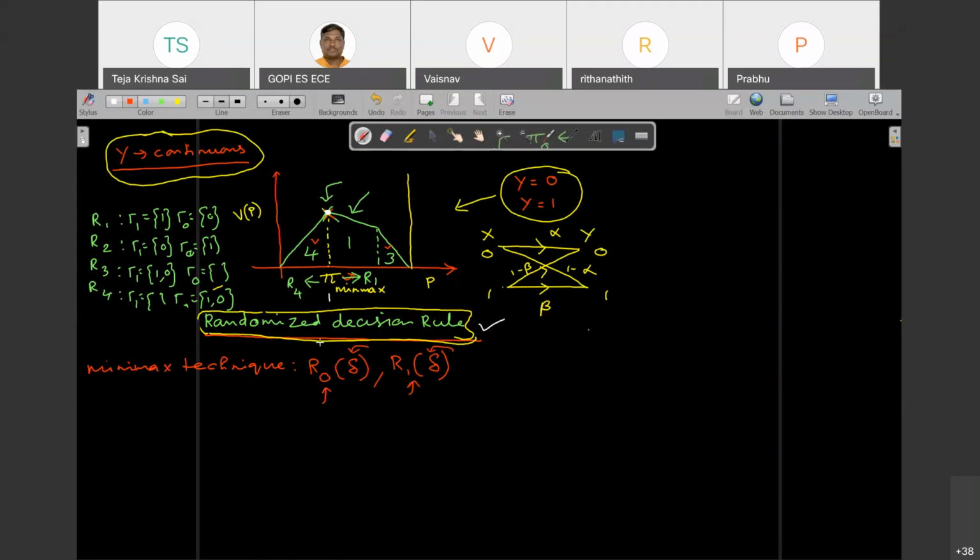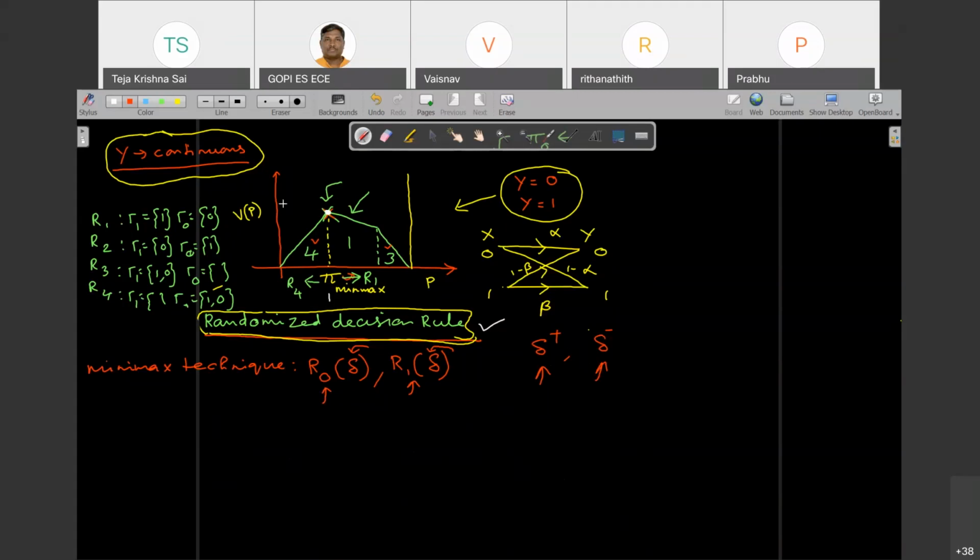Now what is happening here is we have one rule immediately after this point and one rule immediately before this point. So we have delta plus, which is one rule available, and delta minus, which is the other rule available. Both rules we have to use for the conditional cost, so that we get the average conditional cost incorporating both delta plus and delta minus.